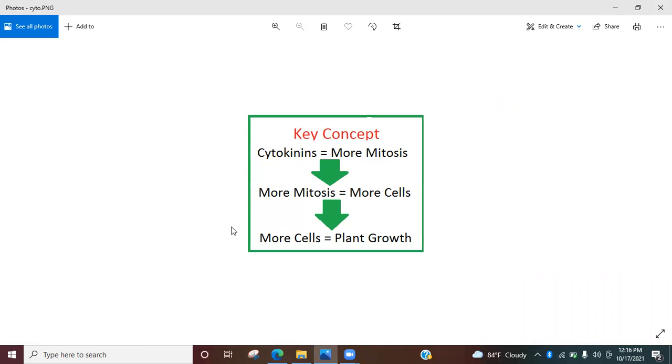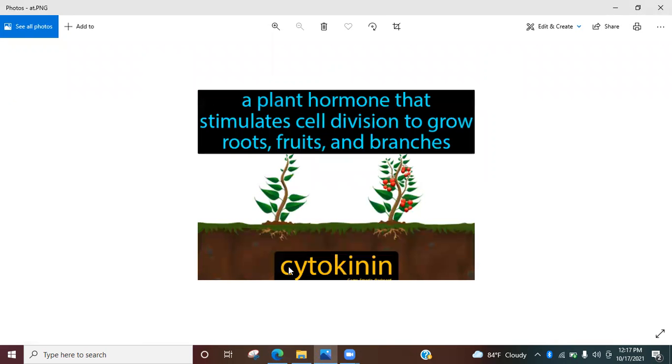Here is the key concept of cytokinins. Cytokinins equals more mitosis. More mitosis equals more cells. More cells equals plant growth. A plant hormone that stimulates cell division to grow roots, fruits, and branches.